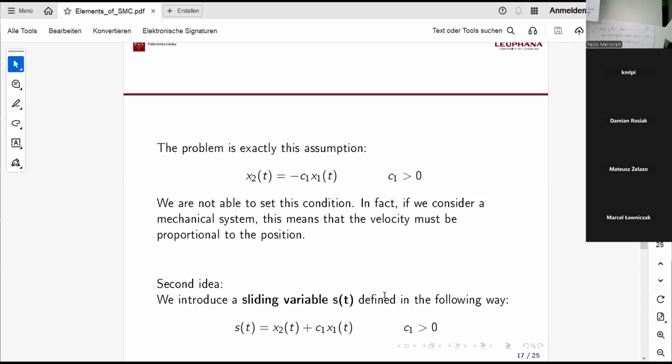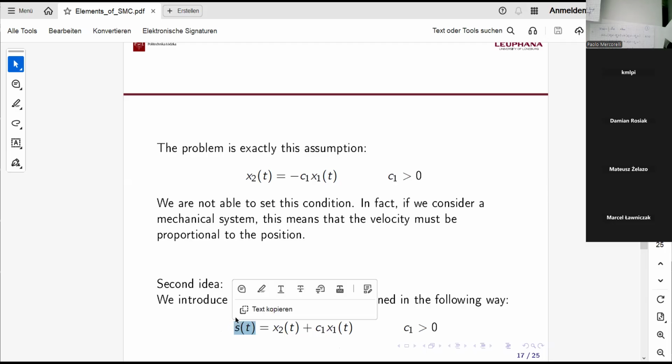The problem is, is this position really feasible? Exactly in our case, this means the velocity is proportional to the position. This is not really possible to realize. But look at this. Including this relation in a larger relation, in which s of t is a sliding variable, which includes the combination x2 and c1, now I can indirectly, not physically, realize x2 equals minus c1 x1, considering now another problem: to converge at s equals 0.